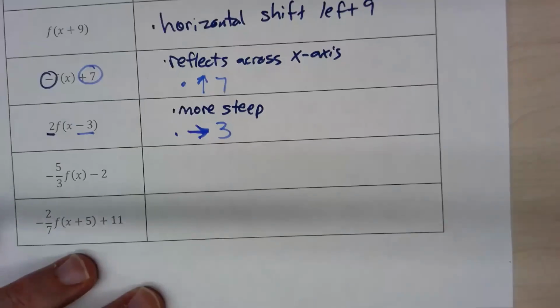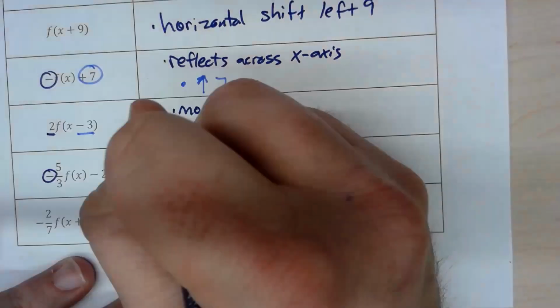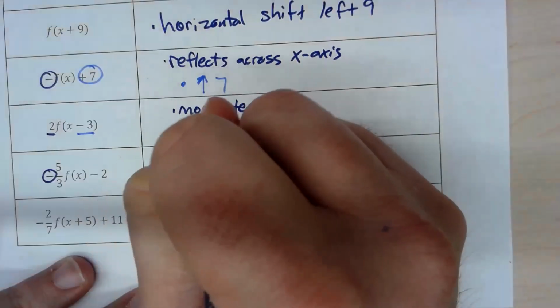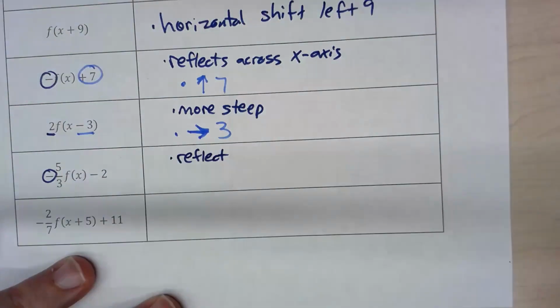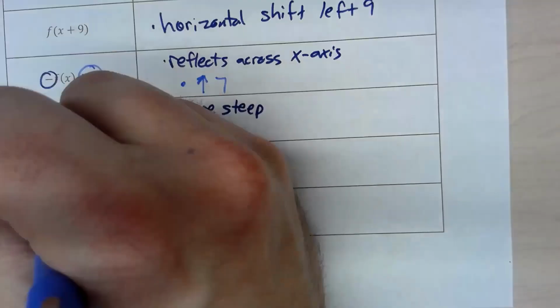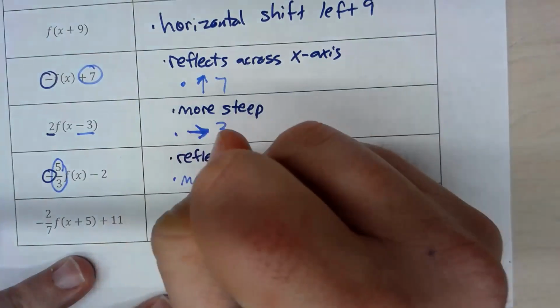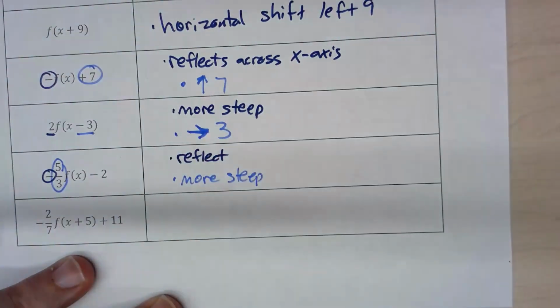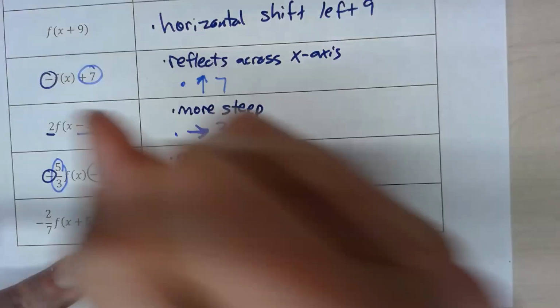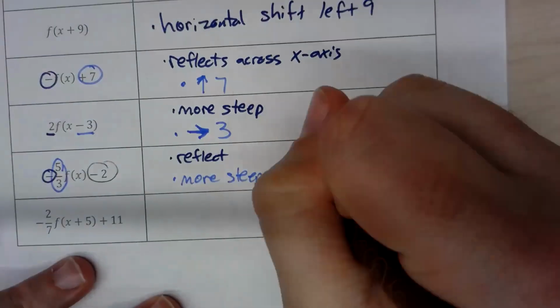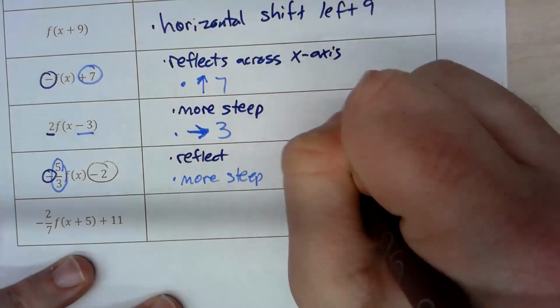Let's get these other two. Negative means it's going to reflect across the x-axis. 5/3 is more than 1. So it's going to get more steep. And this -2 is on the outside. Outside tells the truth. Let's make it go down 2.